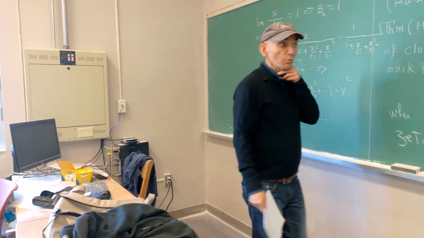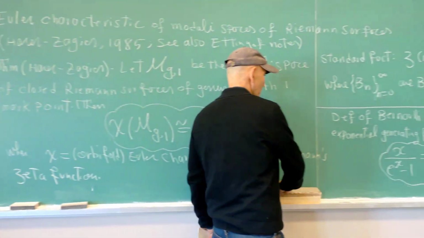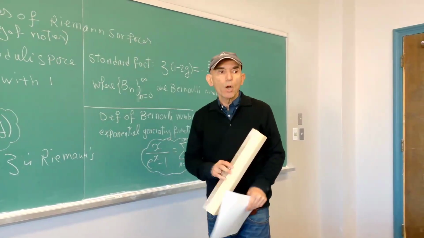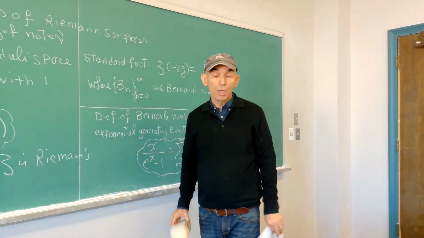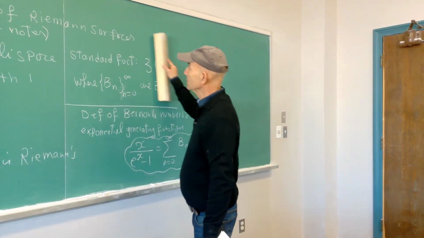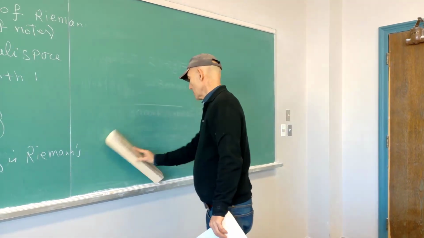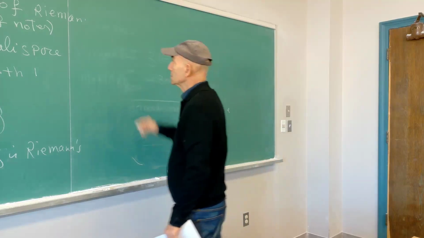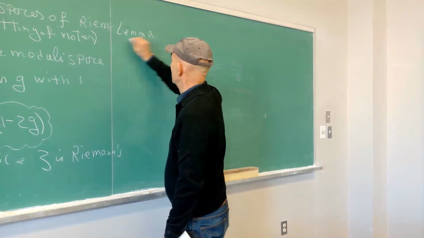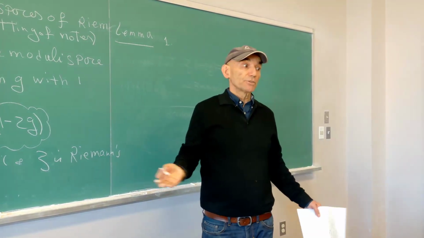So one thing we can say in general about Bernoulli numbers is that after B1, all higher odd terms are 0. So there's a lemma. Let me write the lemma here. First of all, these Bn's are rational numbers.